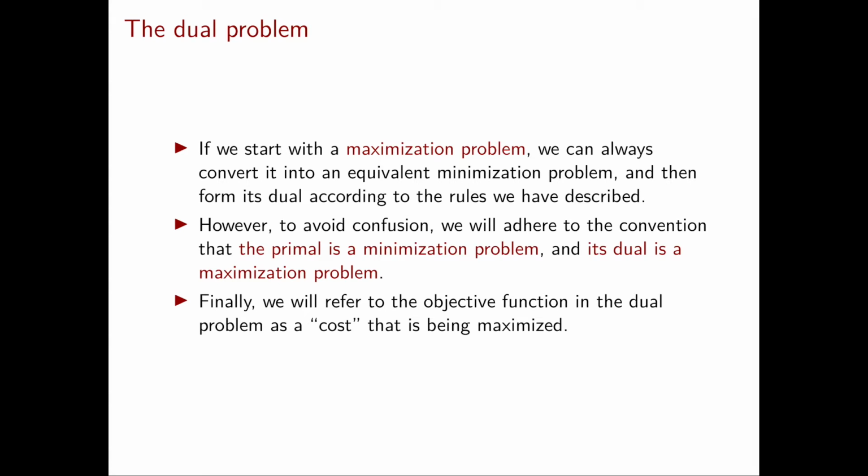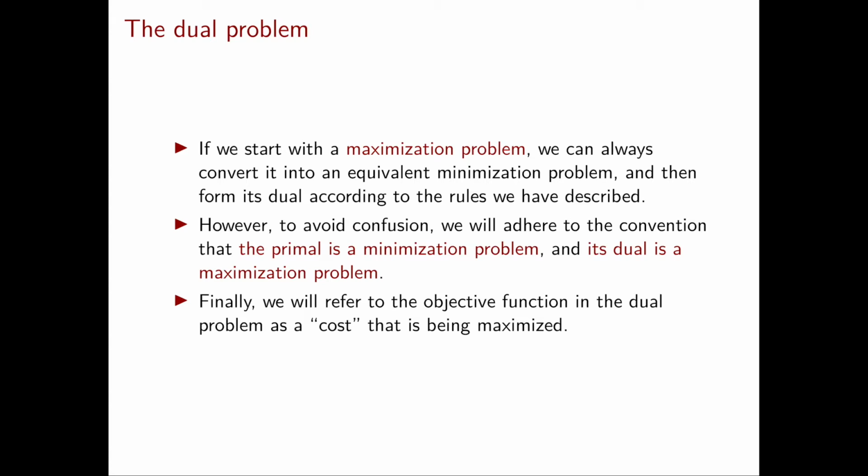So what you should do is first transform the maximization problem into a minimization problem, and then construct the dual linear programming problem. So to avoid confusion between primal and dual, we will always have our primal linear programming problem in minimization form, while the dual will be in maximization form.